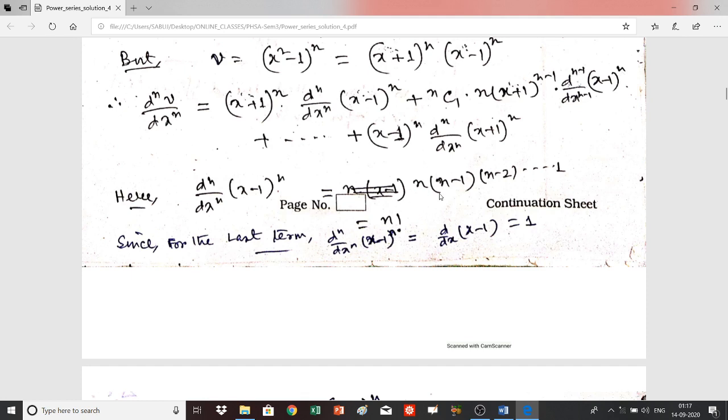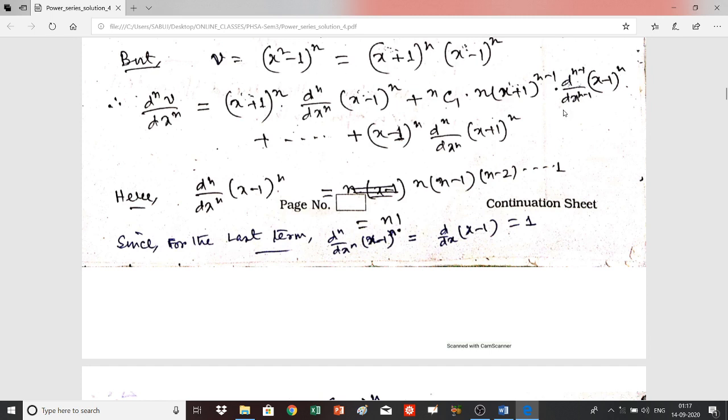See here, in this case we have differentiated this term n times, and the last term was 1. And if you differentiate one order less than this, then the final term will be x minus 1, because this is the last derivative of this series.